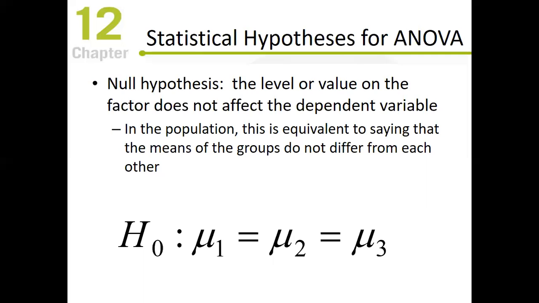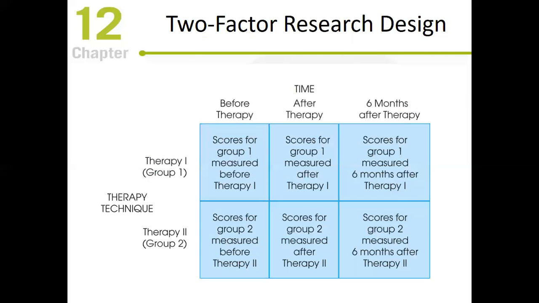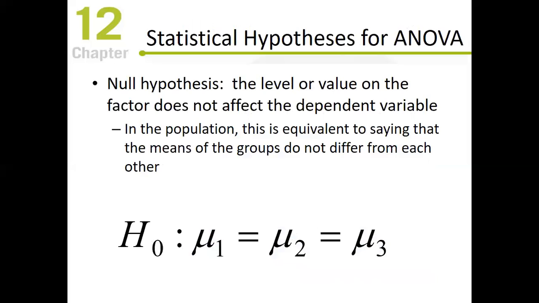Okay, they're all the same. So to go back to this example, it doesn't matter what therapy technique you're exposed to, the results will be the same. It doesn't matter whether we measure you before, after, or 6 months later, there'll be no difference, okay, in the average scores across groups. Okay, as usual, the null is typically saying that, you know, there's nothing interesting going on here. There are no group differences.